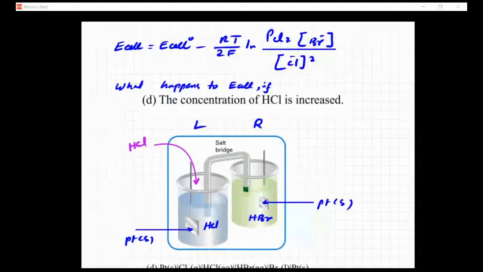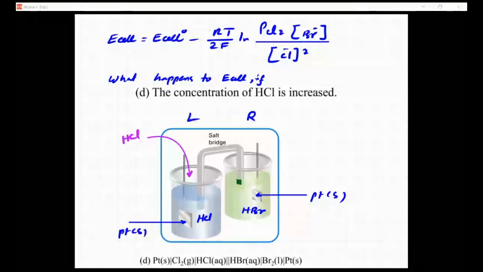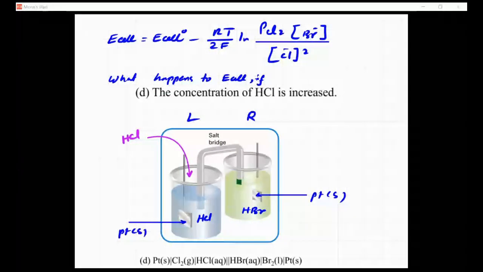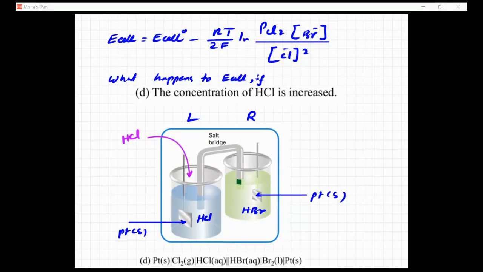So what will happen now? If we add HCl, we are getting more of what? Which one is going to be affected here, in this quotient?